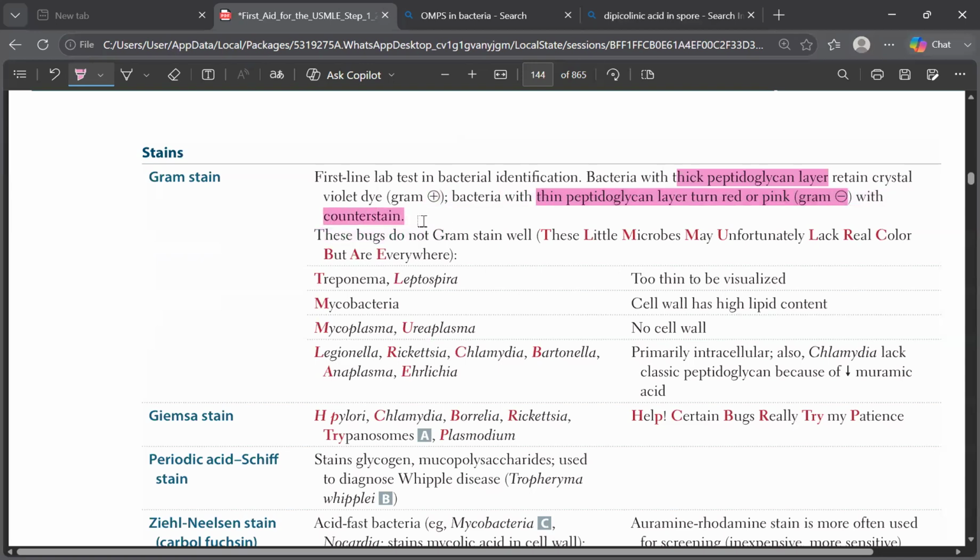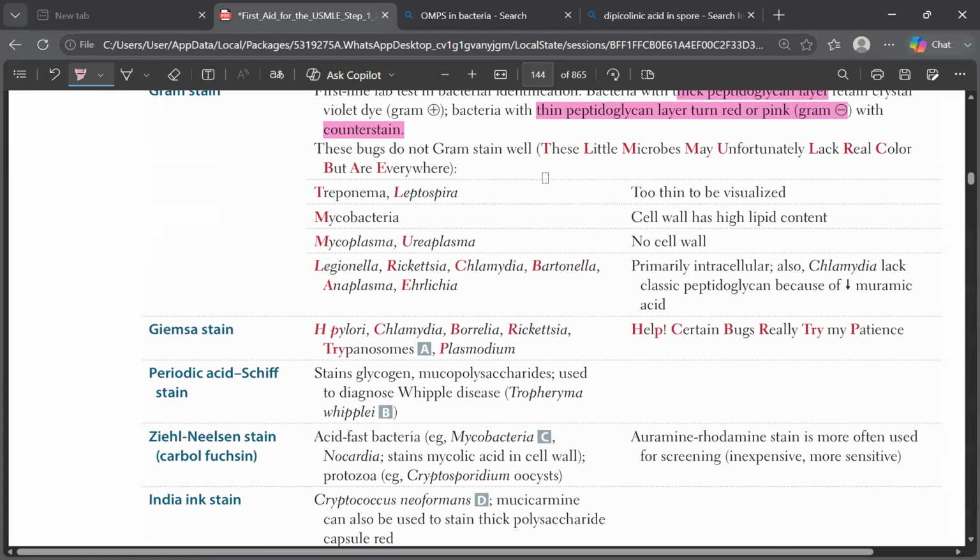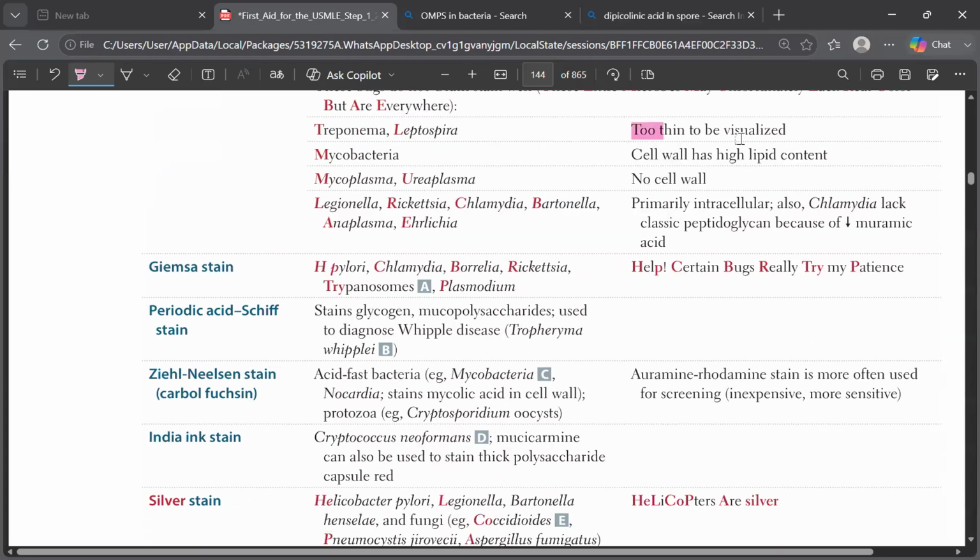These bugs do not gram stain well. These little microbes may unfortunately lack real color but are everywhere. Treponema and Leptospira are too thin to be visualized.